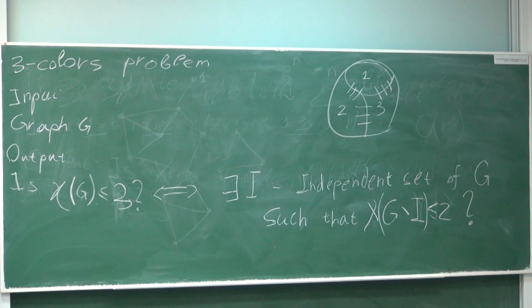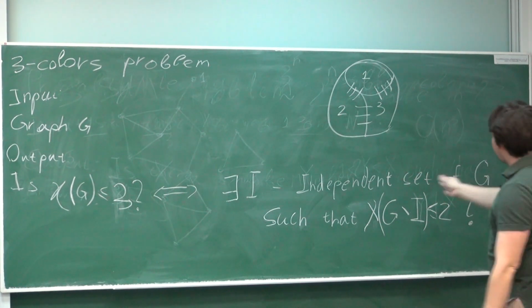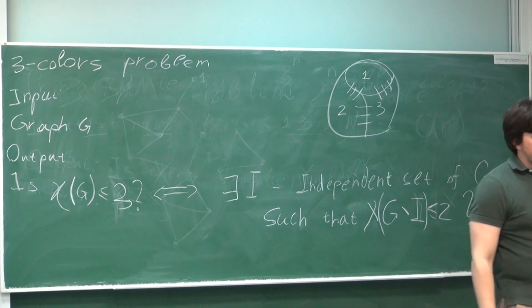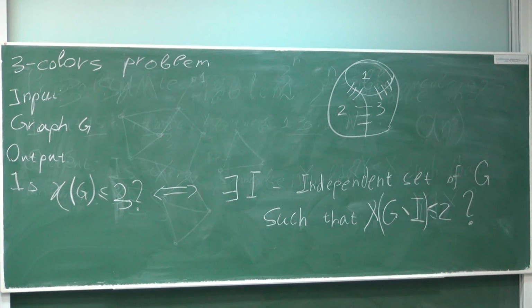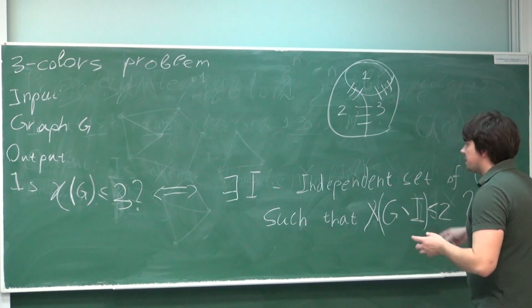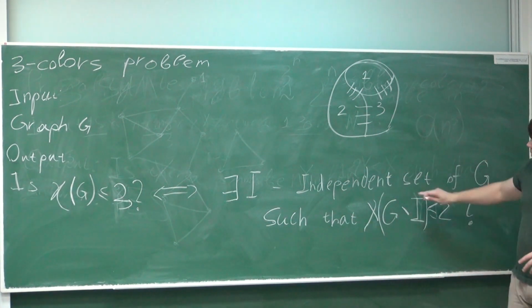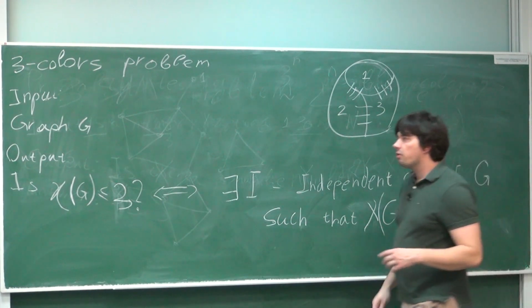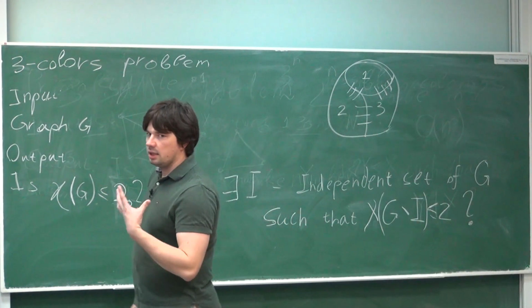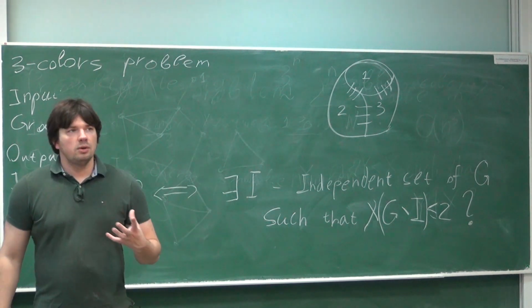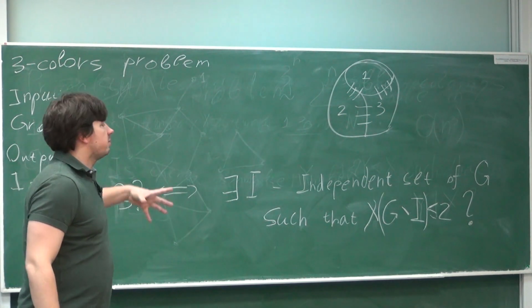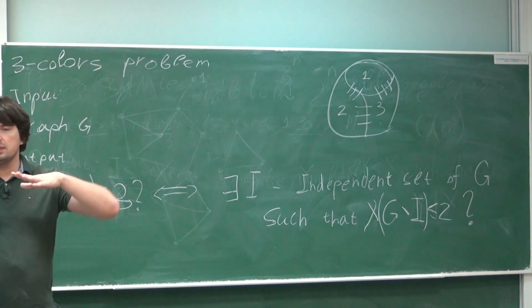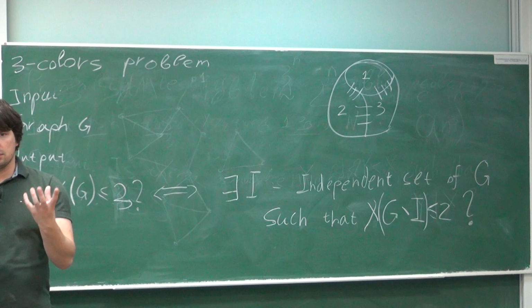So why is this question better than that one? The search space is a lot smaller. Because what is the search space here? It's all possible independent sets of G. How can we go through all the independent sets of G? Well, we can just enumerate all possible subsets of nodes of G and check if there is an edge inside the subset.